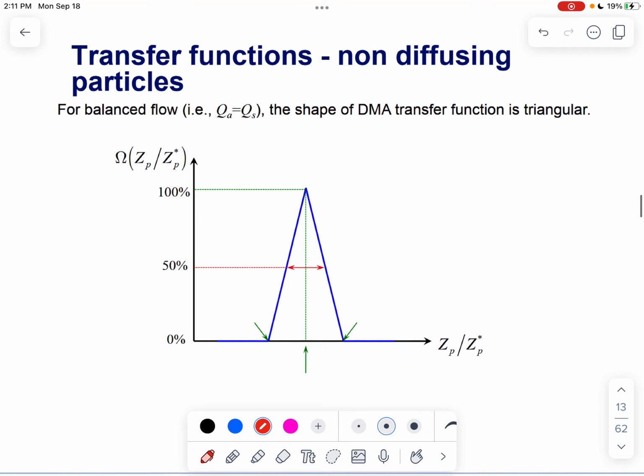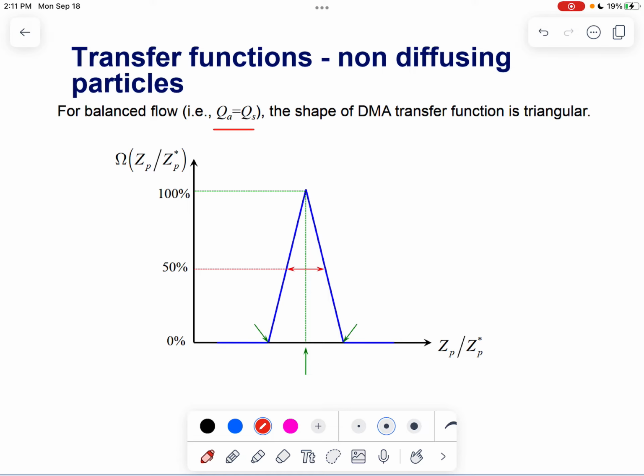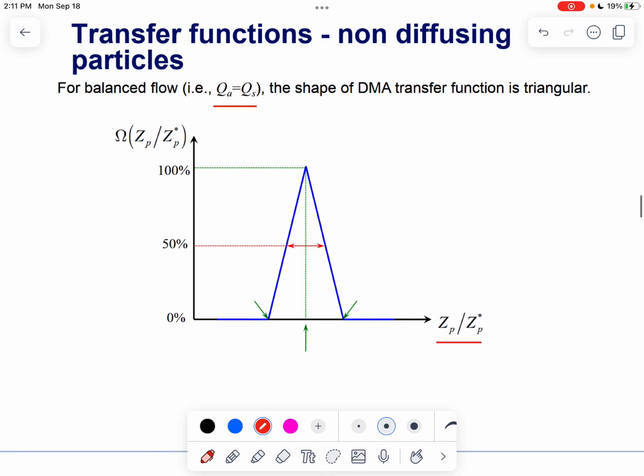So if we still assume that the sheath flow is balanced, people normally also plot the transfer function on a normalized scale. Instead of using the ZP value directly, the mobility is normalized by the actual mobility of the particles, which makes sense.